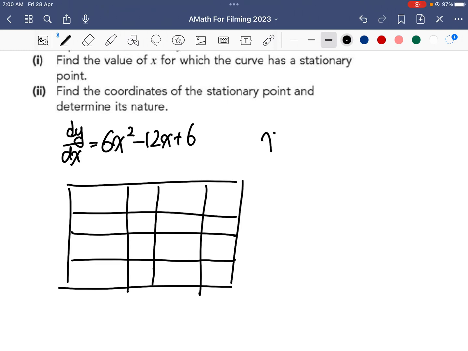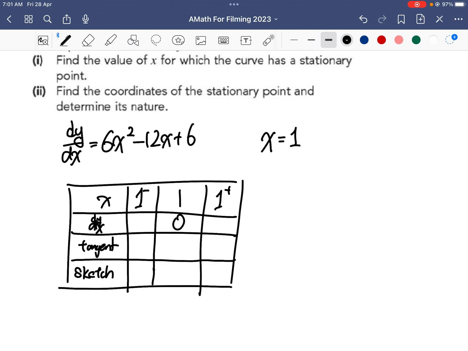The x value, if you remember, is 1. So my x value is 1, then slightly to the right of 1, and to the left of 1. What I need is the dy/dx sign, then how the tangent looks, and how the sketch of the curve looks.